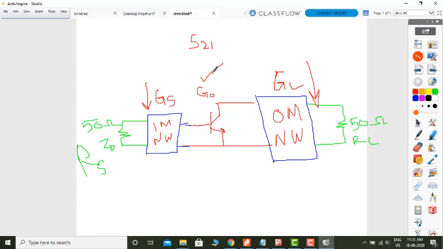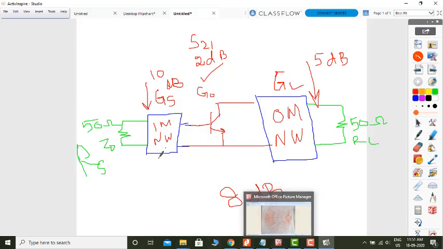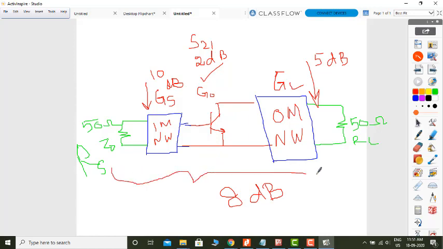For example, suppose G0 gives a gain of 2 dB, GS can give a gain of 10 dB, and GL can give a gain of, let us say, 5 dB. But in one particular application we need a gain of only 8 dB from the complete amplifier system.